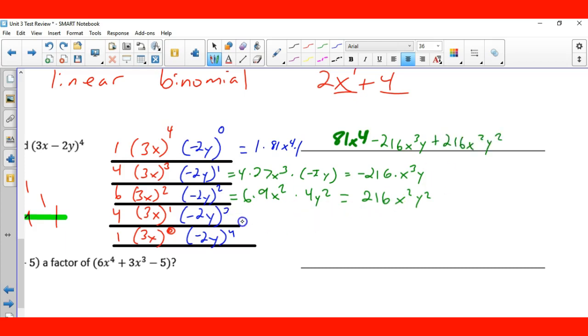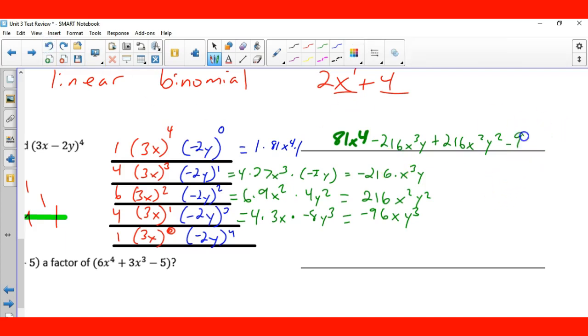And then we have 4 times 3x times negative 2 cubed, which is negative 8y cubed. So that's 4 times 3 times negative 8, which is negative 96xy cubed.